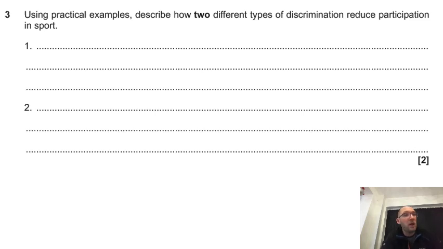So we've also had from the mark scheme examples such as racism, e.g. a football team who only select white players, or a team selecting only those from a racial group, or spectators being racist and football stops reducing participation.